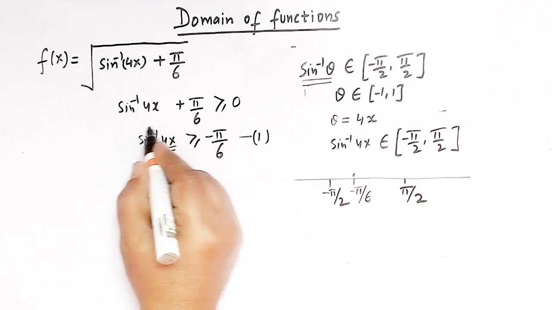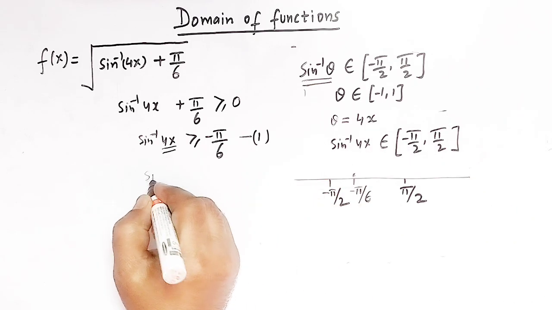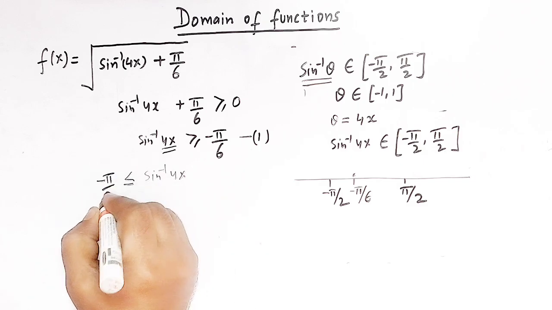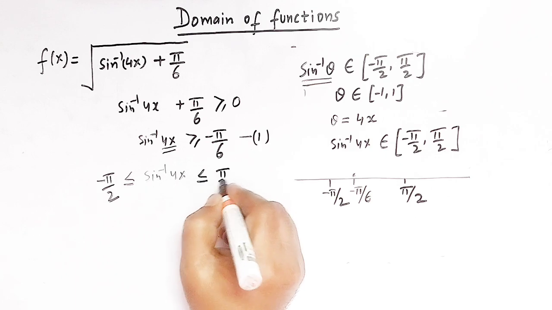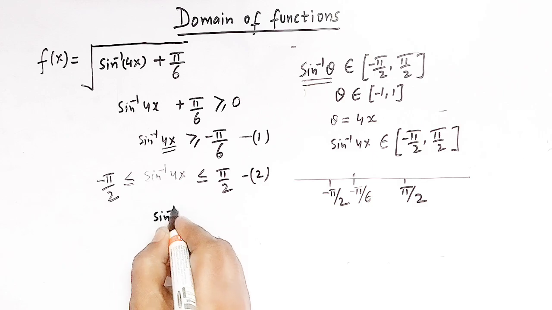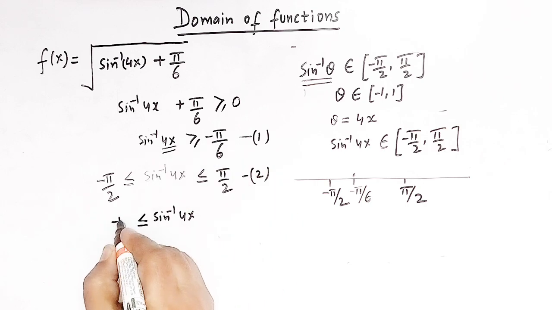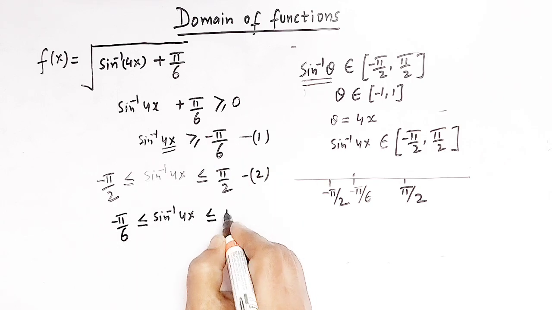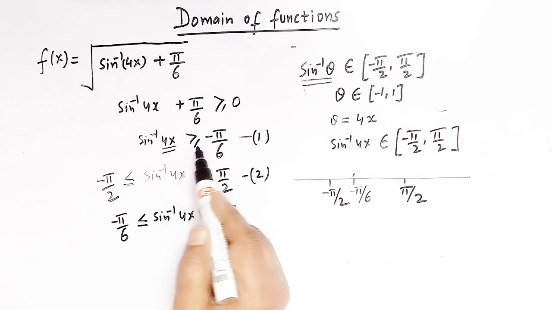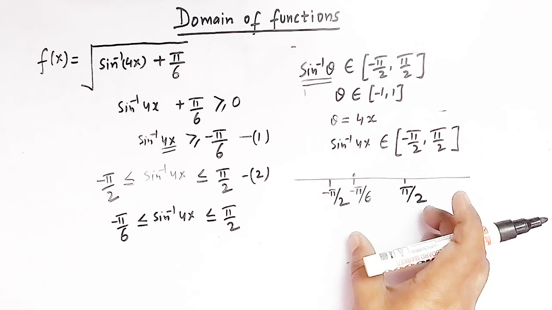So now we can merge the inequalities. If we merge these two inequalities, then sine inverse 4x should be greater than or equal to minus pi by 6, but it should be less than or equal to pi by 2, because sine inverse 4x is greater than or equal to minus pi by 6, and minus pi by 6 lies between minus pi by 2 and pi by 2.